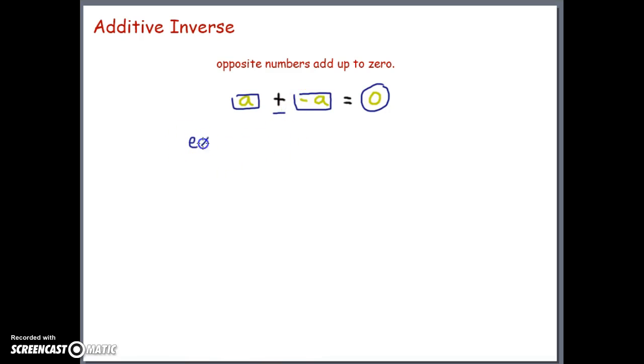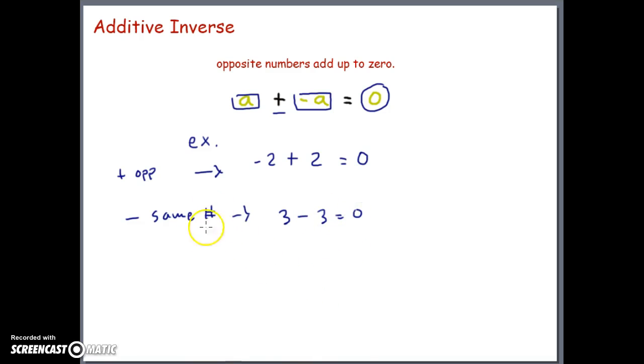Another example would be negative 2 plus positive 2, these are opposite numbers, equals 0, right? And then the same thing is true when you subtract the same number. The additive inverse is also sometimes presented as subtracting the same number. An example of that would be 3 minus 3 equals 0.